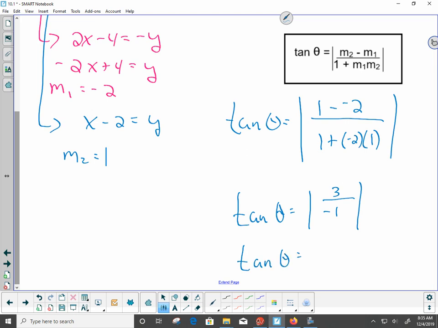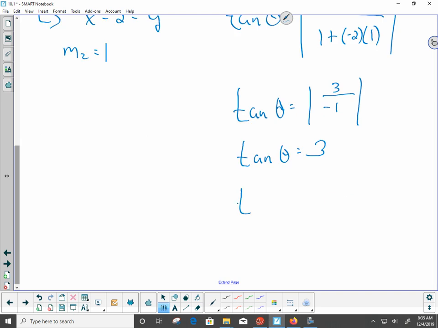So it would be -3, but I'm just going to make it 3 because I'm taking the absolute value. Now, how do I find the angle? Arctan 3. Where would you get 1.25, and then in degrees we do 71.57.